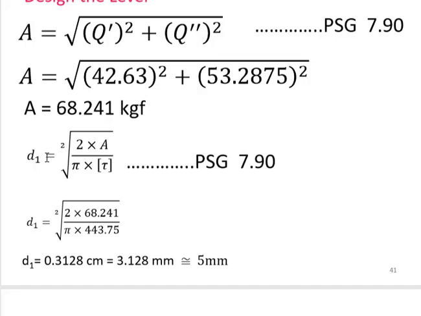Now d1 is equal to 2 times under root of 2 into A upon pi multiplied by the design tau. Since we know A, we can substitute that, and d1 comes around 0.3128 centimeters. Now we can find it in terms of mm, that is 3.128 mm, which we can round off as 5 mm.